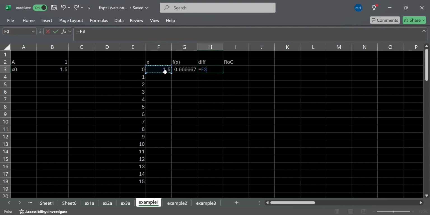The difference is the difference between x and f of x, which should be going to 0. And then we'll bring these down, and we'll compute the rate of convergence, which is the ratio of the differences. We'll use an if statement to avoid dividing by 0.